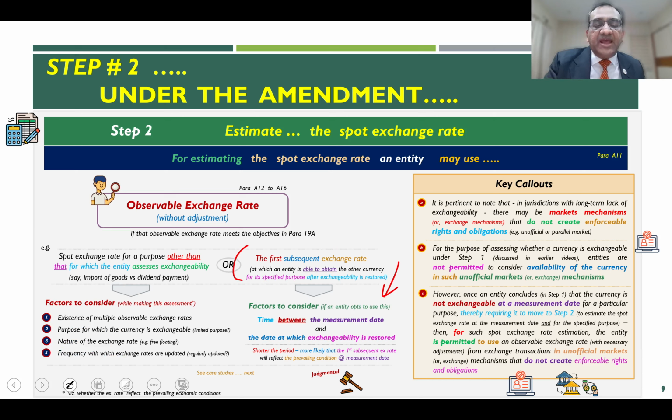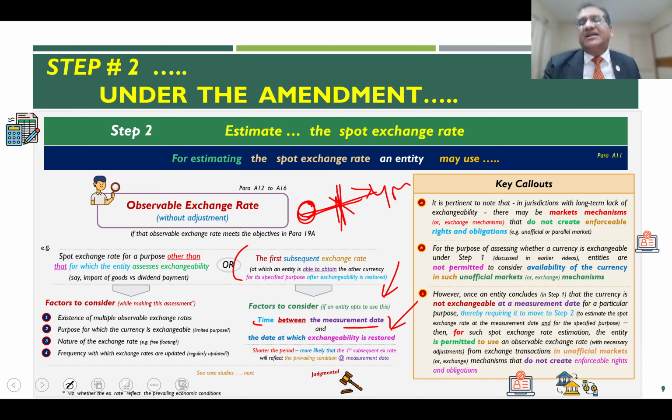You need to look at the time between the measurement date and the date when exchangeability is restored. In my example, the measurement date was 31st of March, and within a week's time it is restored. But let us say it is not a week, it is 4 months after the measurement date. That means after 31st of March: April, May, June, July.